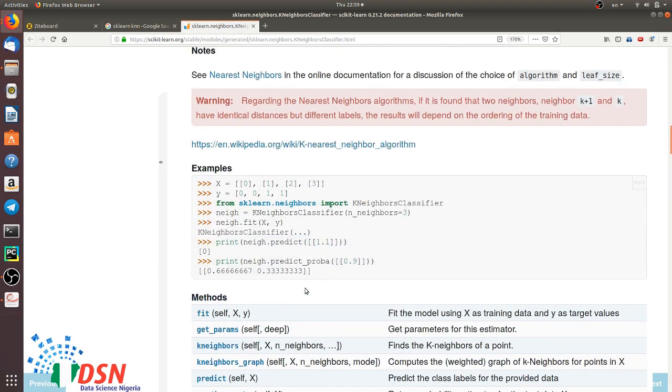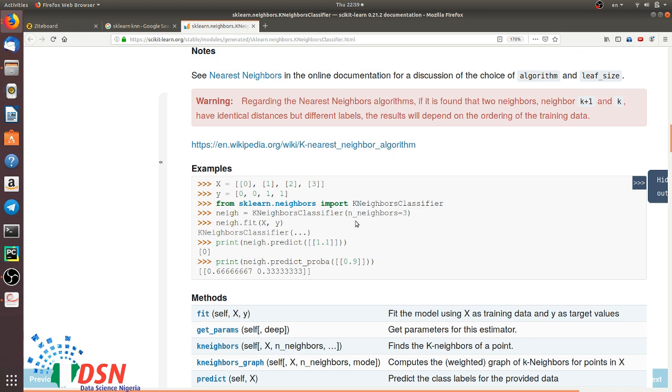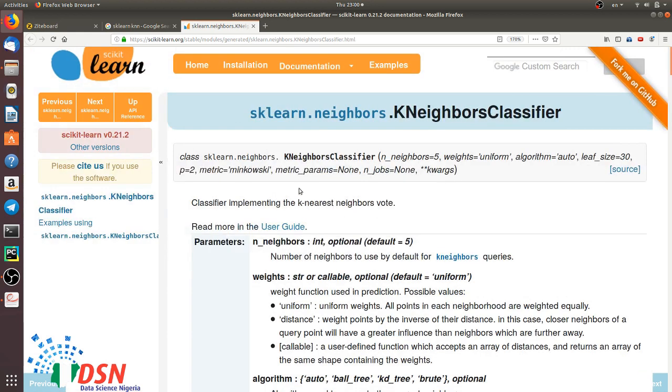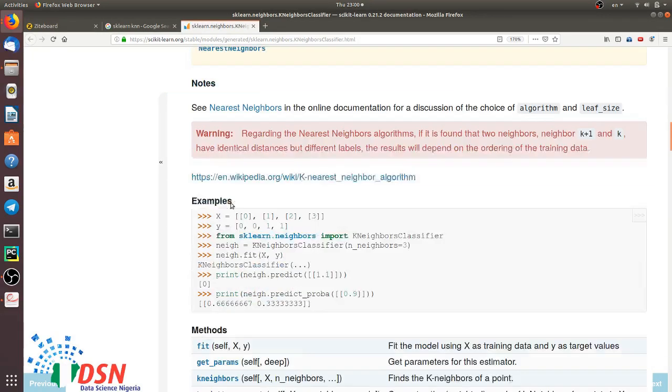And as I said, the most important parameter maybe is the number of neighbors. Also, maybe you want to try another thing: changing the metric could also be very important sometimes.